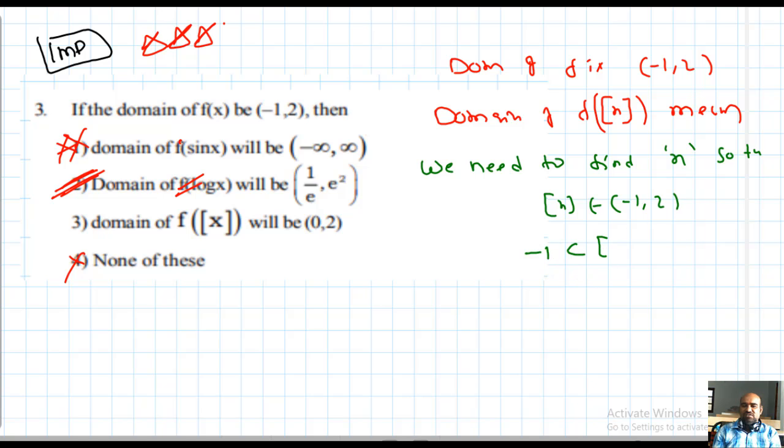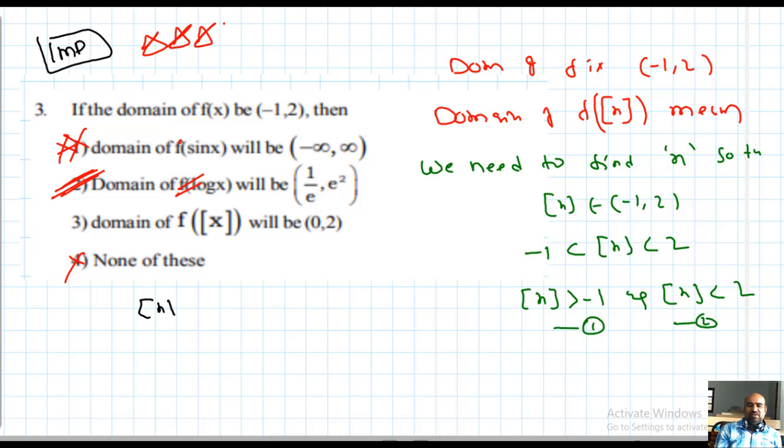Minus 1 less than step x less than 2, such x values I want to find. So step x should be greater than minus 1 and step x should be less than 2. First of all I will take this as 1 and this as 2 and find separately. This is an interesting problem.